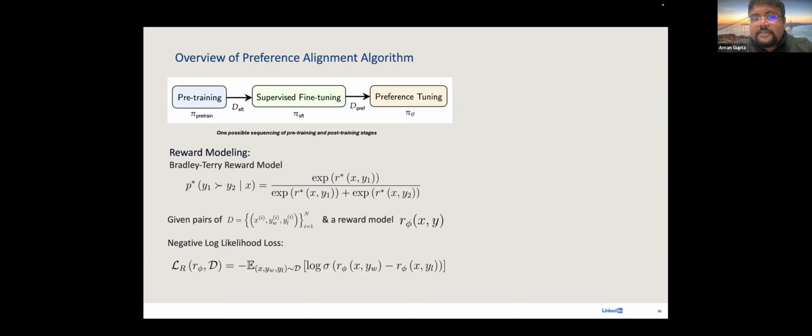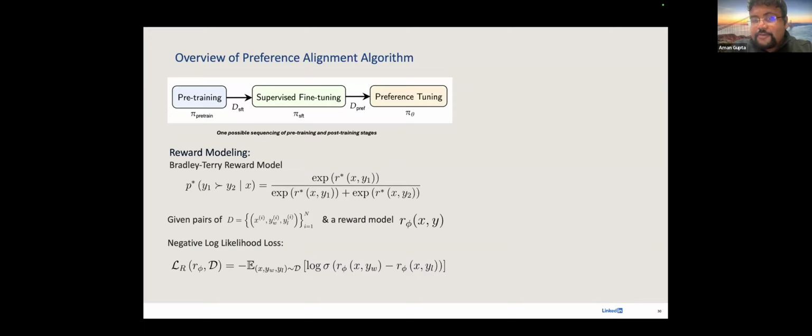The reward model allows you to assign a scalar score to a prompt X and a response Y. You use the Bradley-Terry formulation, where the probability of a response Y1 being more preferred than a response Y2 given X can be expressed in this manner. This allows you to collect a lot of data where, for a given prompt X, you have a preferred response and a dispreferred response and a corresponding reward model.